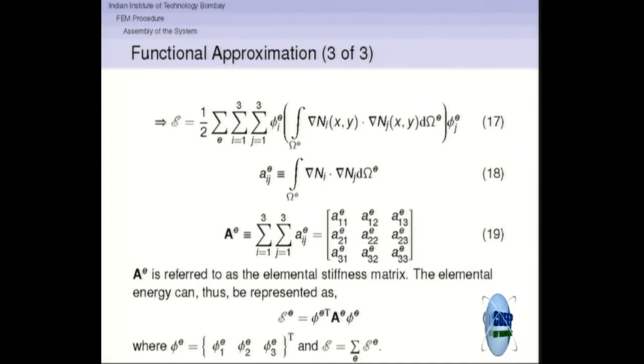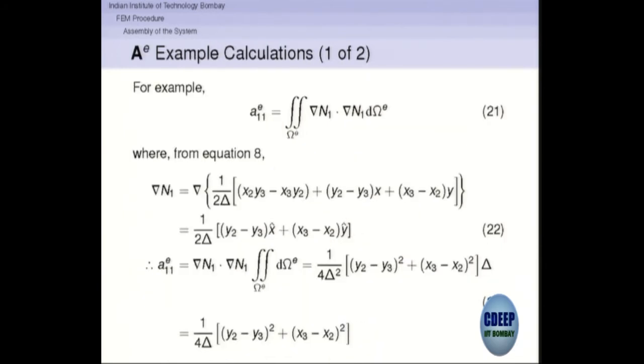For example, A11 will be the integral over that elemental area of del N1 dot del N1 d omega, and those can be easily calculated as shown in this slide.